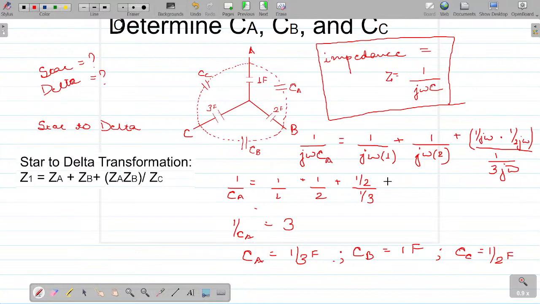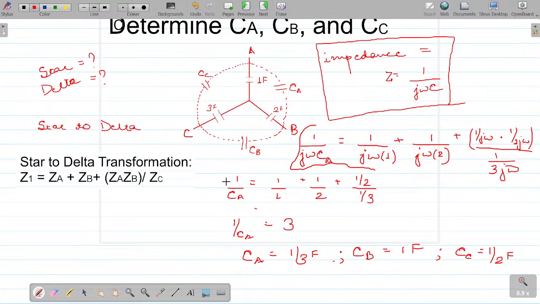Okay? At this juncture itself, try and cancel out j omega throughout and you will realize, yes, the j omega is cancelling out throughout, right? And only because it is cancelling, it will be less clumsy for you to solve.